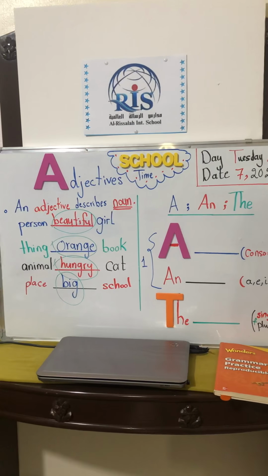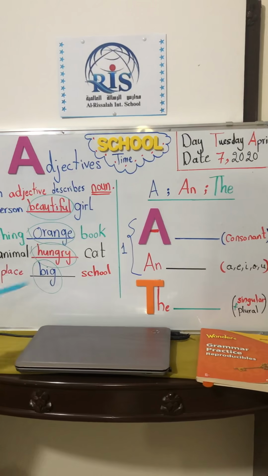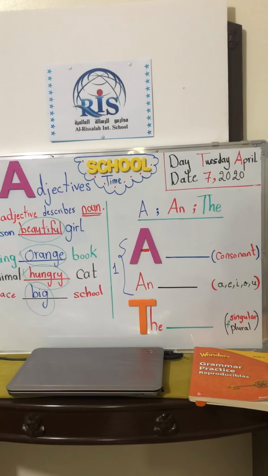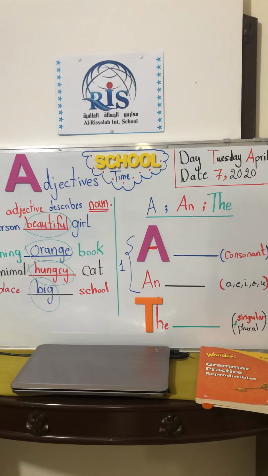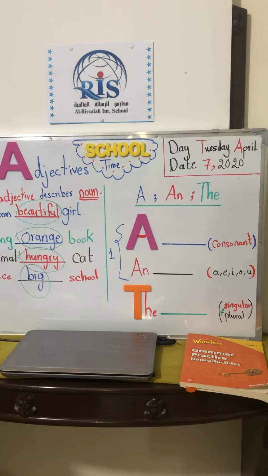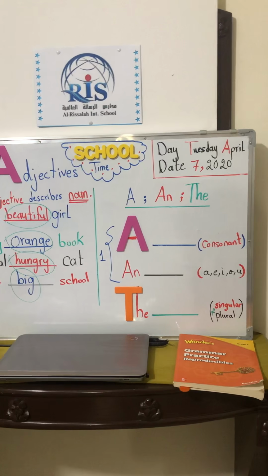Okay, let's come to the articles. We have a, an, and the. Yes, we use them before the noun to give more information about something. For example, use a or an.